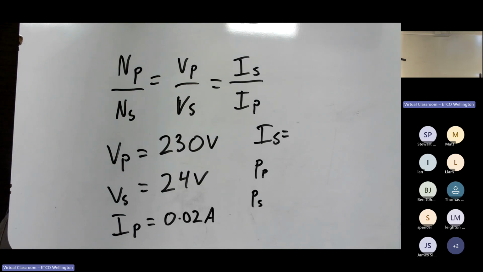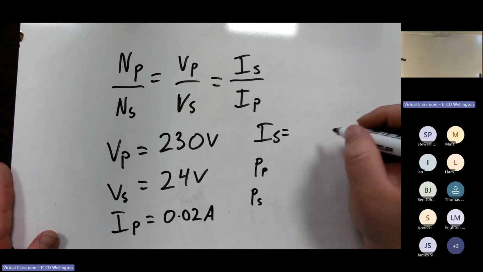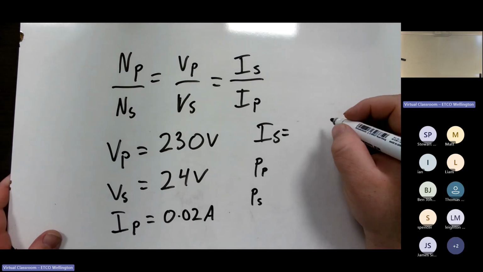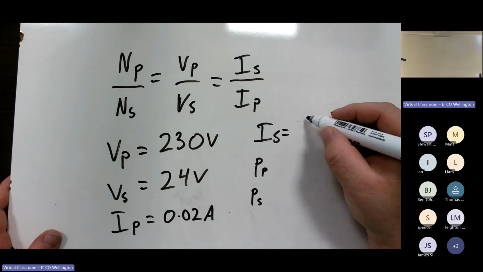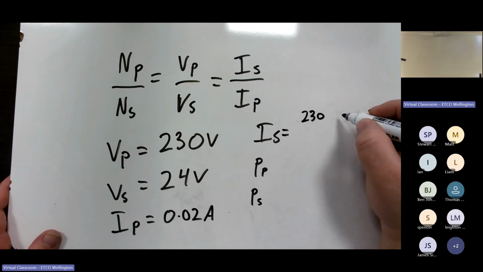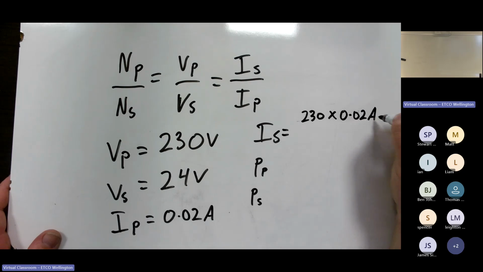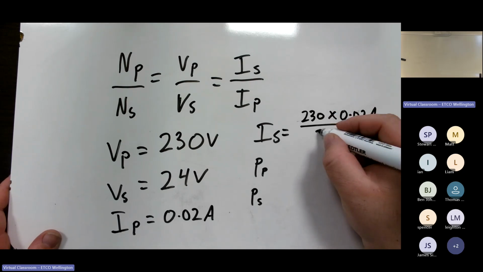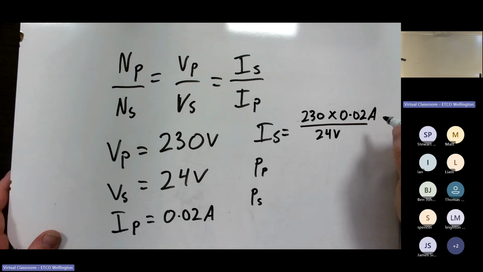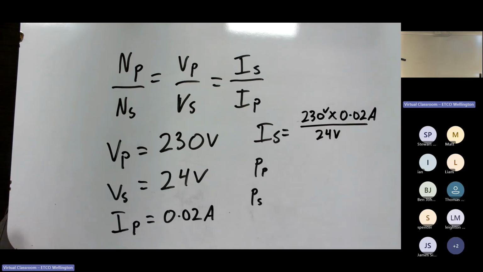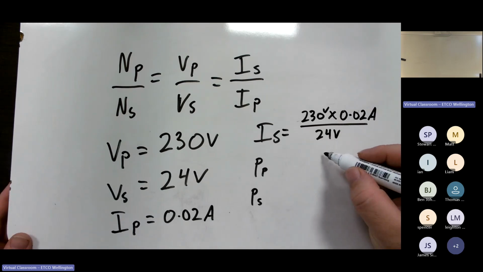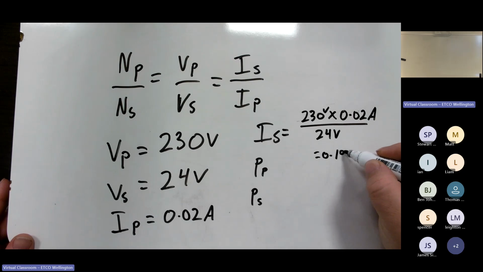Cool. So to work this out, IS equals voltage primary, 230, times current primary, 0.02 amps, divided by 24 volts, which gives 0.19.